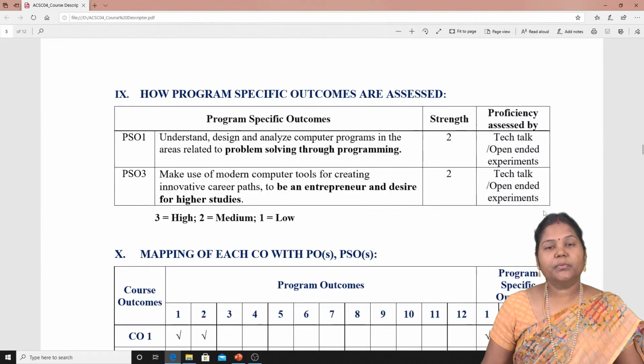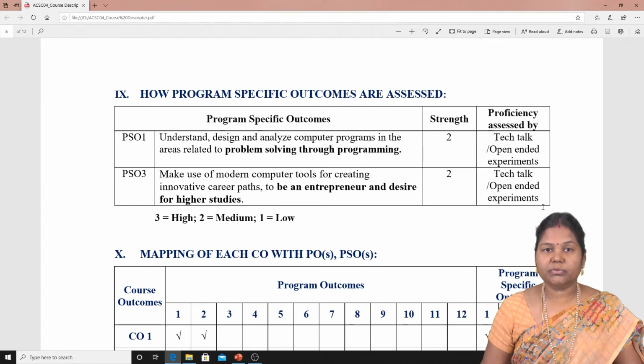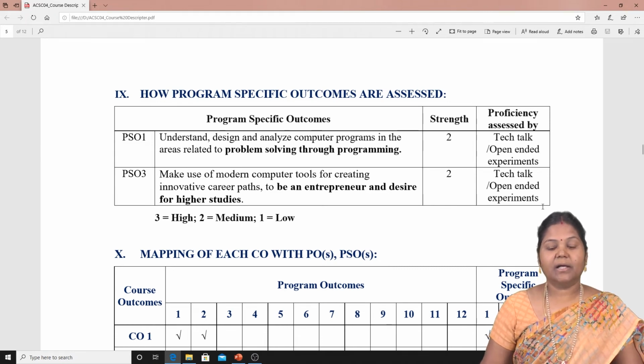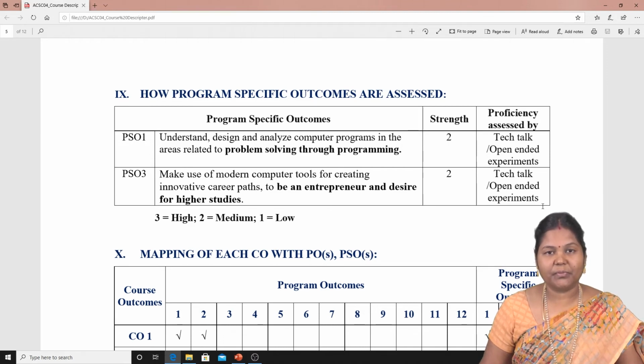Then, what are the program specific outcomes for learning this course? Whenever they are learning this particular course, they have to achieve PSO 1 and 3. PSO 1 says that the students must understand, design and analyze computer programs in the areas related to problem solving through programming.